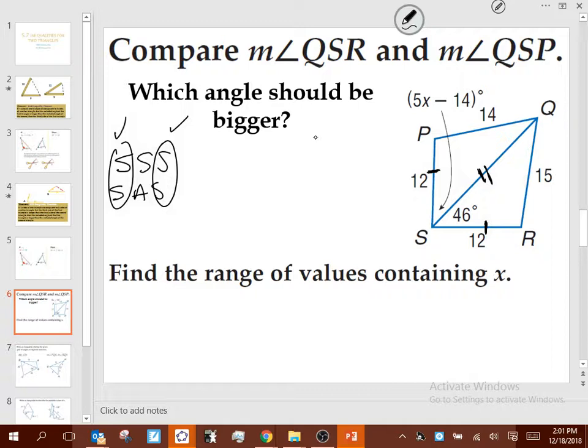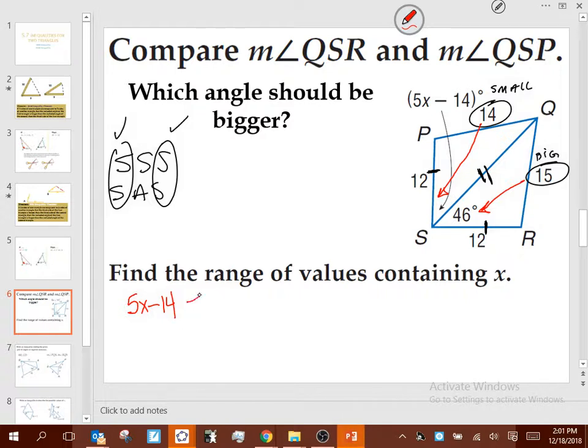We know that 14 is what compared to 15? Okay, so this is a smaller value, this is bigger, okay? So then when I work my way back into the angle, that angle, which we're saying is 5x minus 14, right? 5x minus 14 should be what compared to that angle?